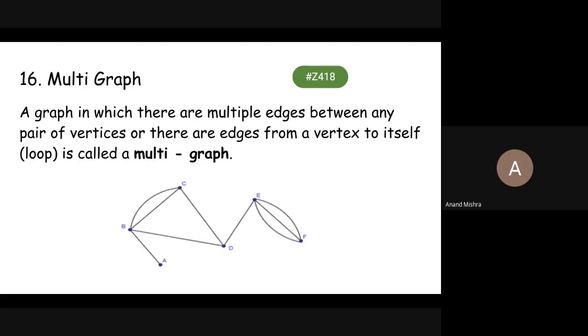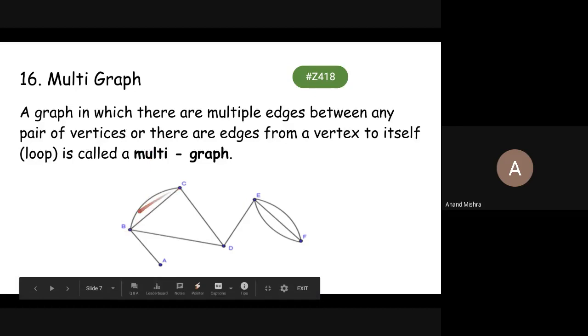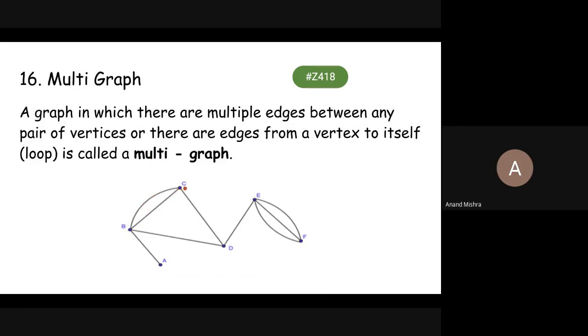A multi-graph, okay? A multi-graph is not a regular graph. It's not a simple graph. It is a graph in which there are multiple edges between any pair of vertices. For example, between B and C, there are 2 edges. This is something like you have, let's say, two cities, Jodhpur and Jaipur.